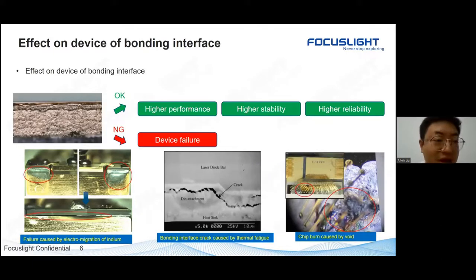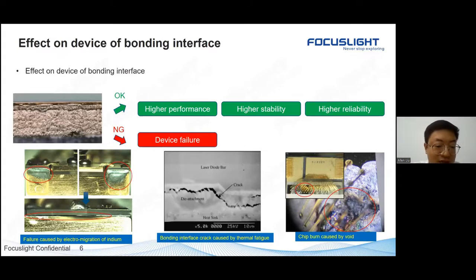How does a bonding interface affect the device? When you have a good bonding interface, the device has higher performance, higher stability, and higher reliability. If the bonding interface is not so good, the device will fail very soon. You can see the example.